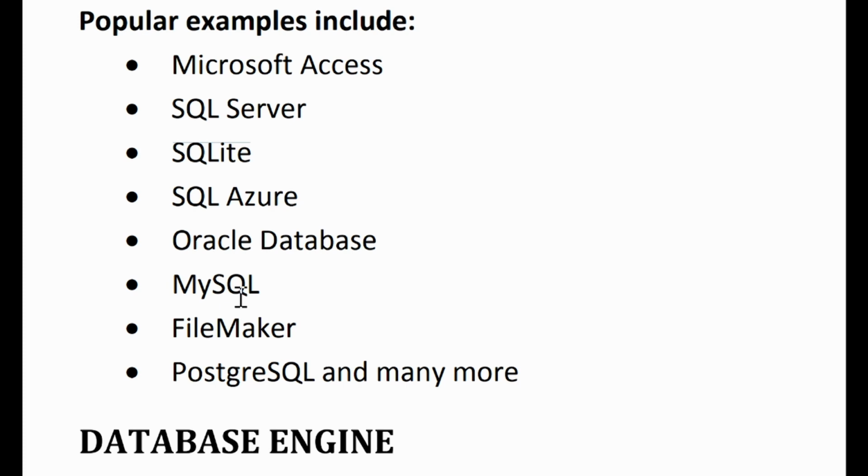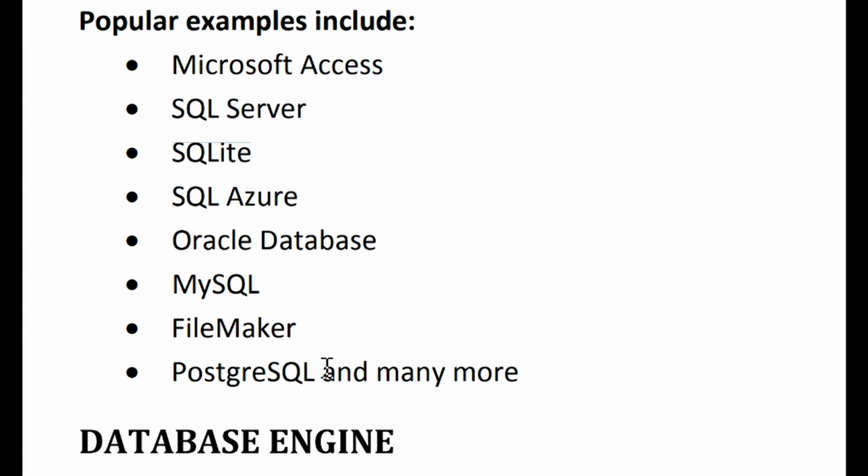MySQL is the database behind Facebook and websites and web applications. So when you go online, the database you are dealing with is usually MySQL. Then we have FileMaker, we have Postgres SQL, and several others.